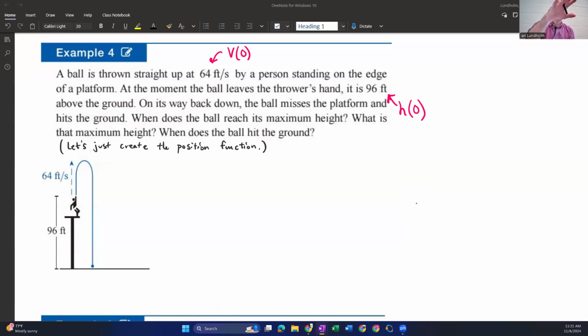So the only force that's acting on this is gravity as it's flying through the air. And so that would be contributing to acceleration. Let's go ahead and use purple. The acceleration should be negative 32 feet per second squared. So negative 32 feet per second per second. Okay.